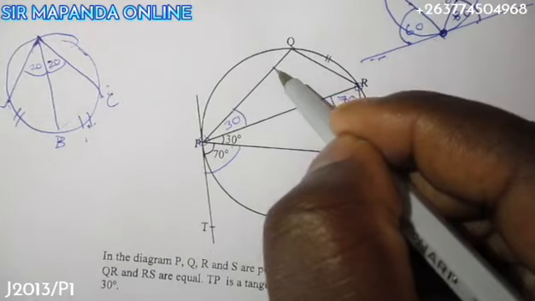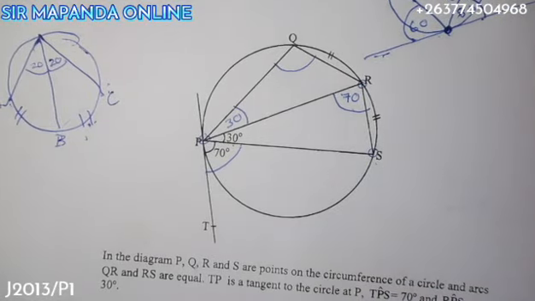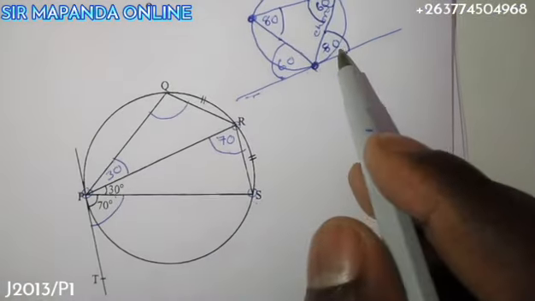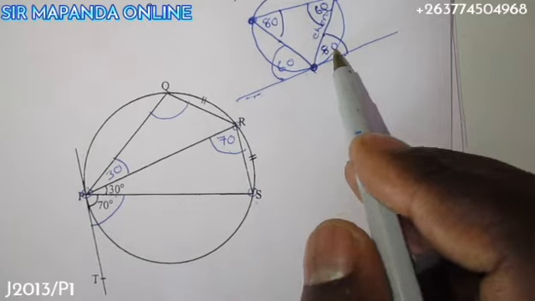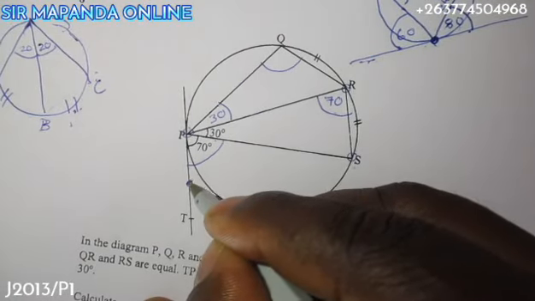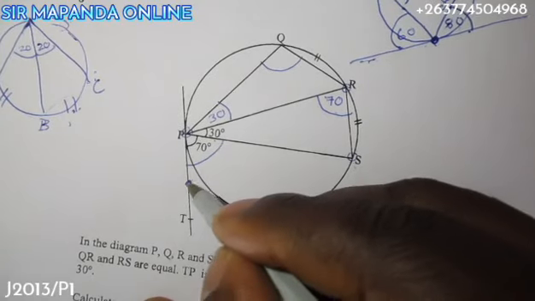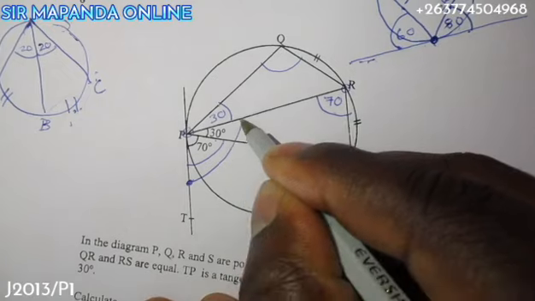PQR. They want you to calculate this angle, right? So to find PQR, you can still use that theorem of alternate segment, but you are now considering the angle between the tangent and the cyclic triangle PQR from this point up to this point.